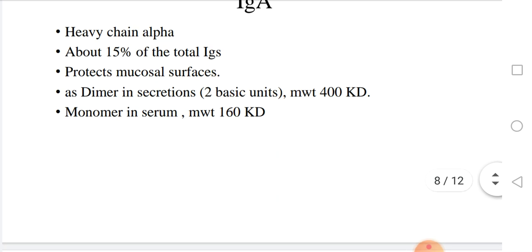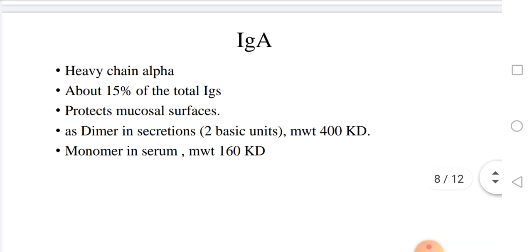IgA, its heavy chain is alpha. It is about 15% of the total immunoglobulins in the blood. It protects both the mucosal surfaces. It is found as a dimer of 2 basic units in body secretions.